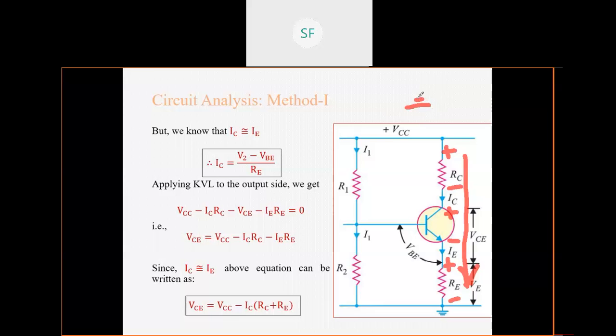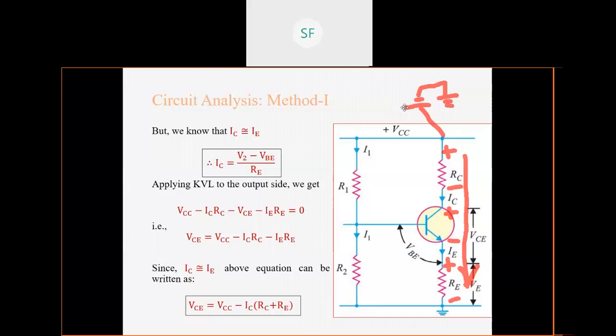Let me just redraw it for you. ऐसा रहता है ना, this is ground and this VCC is connected to this particular point. So we have applied our KVL from this ground to this particular ground in this direction, downward direction, right?